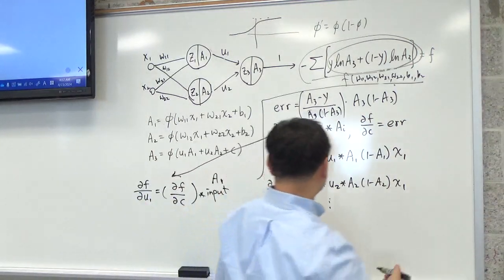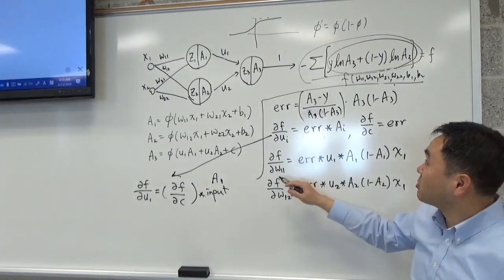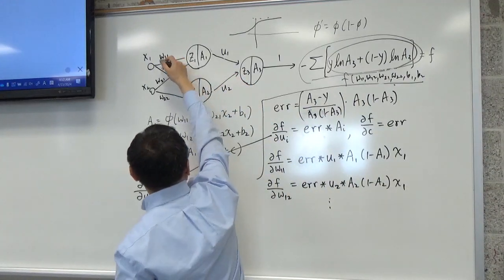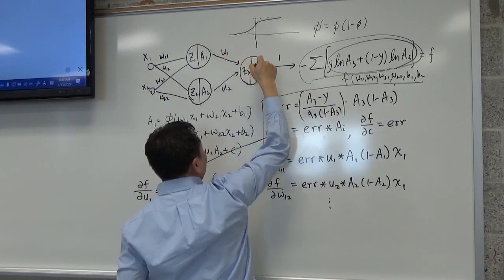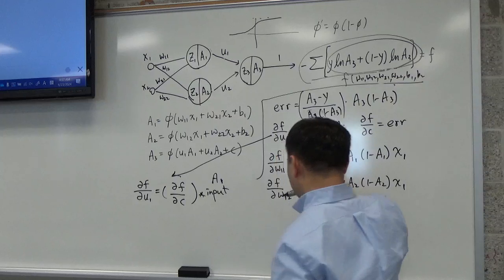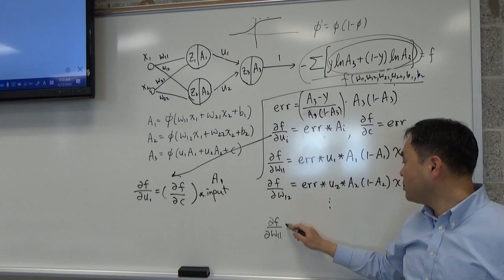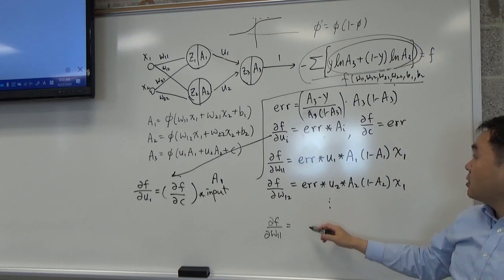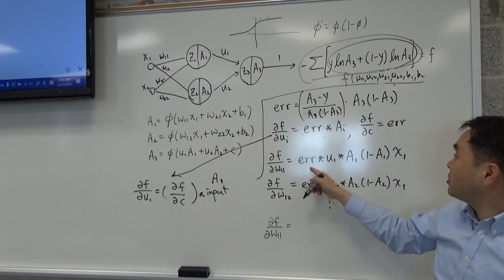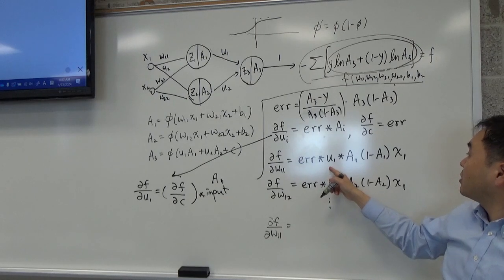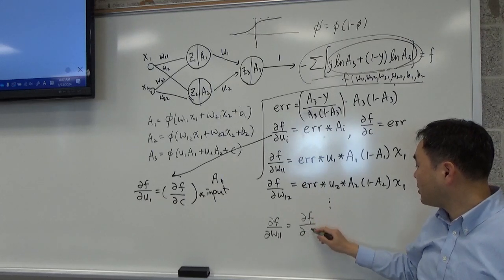And you can write down the next one in the same manner. So let's think about W11. W11, how does this one affect F? It goes through A1, and then U1, A3, 1, and then this, right? So you see that the derivative of W11 is, first of all, this error times, well, this error is f with respect to c.